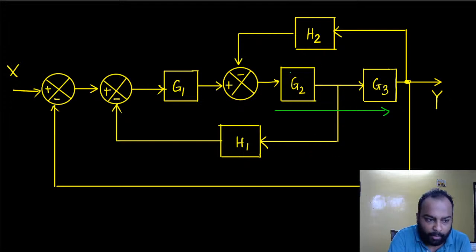Because if I combine these two into a single block, this point is going to be lost. If I combine G2 and G3 as a cascade block, this point would be lost, and if this point is lost, where would this signal come from? So we would have a dangling point. End of story. So I cannot do that.